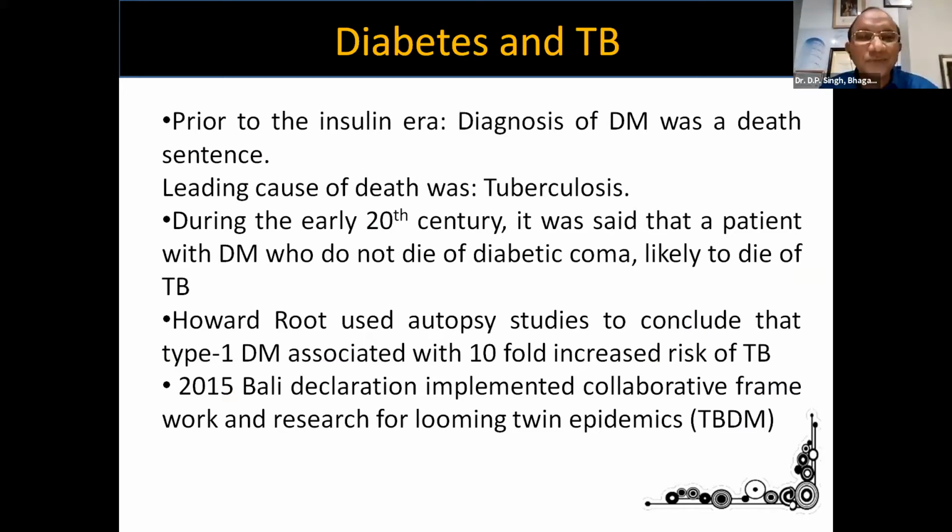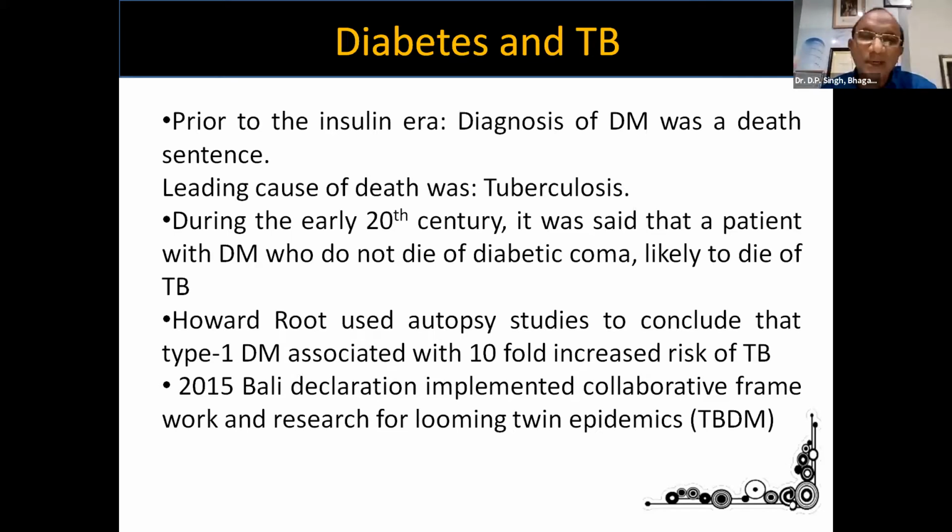During those days, a patient with diabetes who did not die of diabetes was likely to die of TB. Howard Root, a physician from Boston, did an autopsy study and concluded that type 1 was associated with a tenfold increase in risk of TB. In 1944-45, streptomycin was discovered and the incidence of TB started going down.